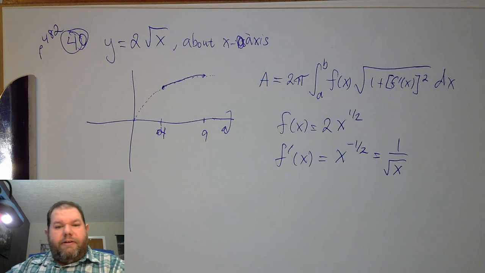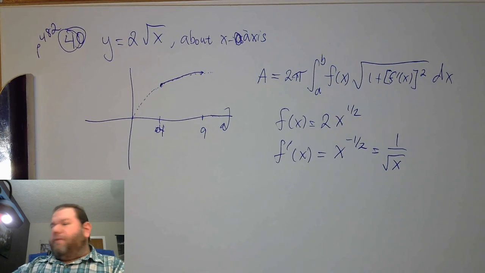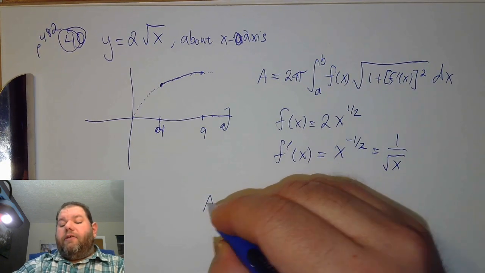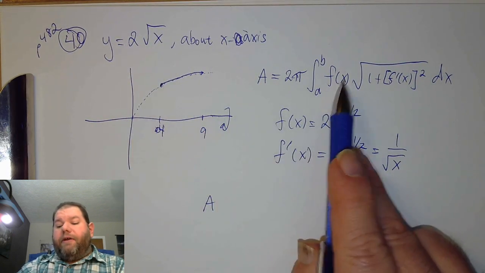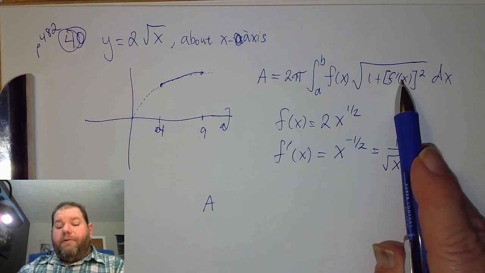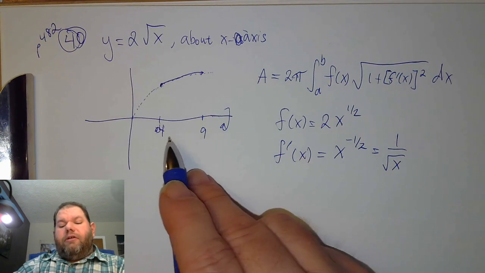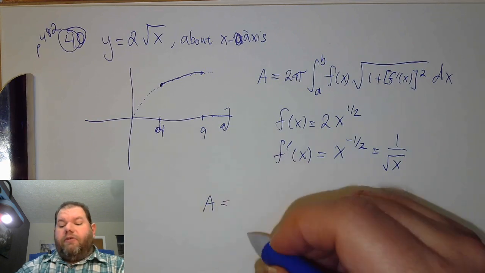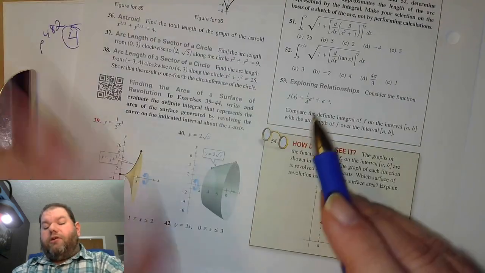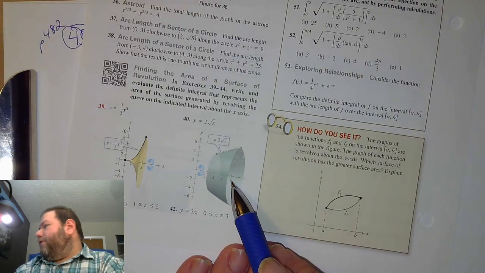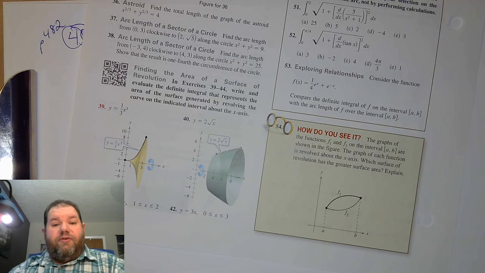Okay. So we'll take 2 square root of x, plug that in for f of x, and we'll take 1 over root x, plug that in for f prime. And like I said, it looks like it goes from 4 to 9, so that's what I'm going to use. It's kind of hard to tell on the picture here whether that's dropped to 8 or 9. Actually, 8 might be better, but it looks like 9.